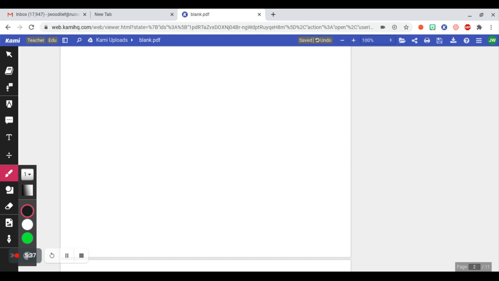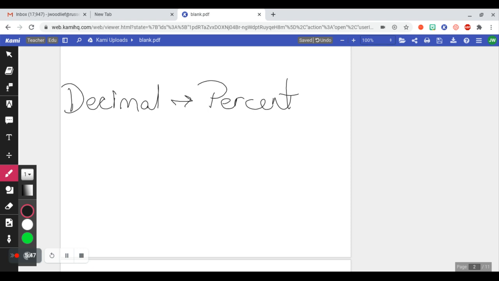Now, if we want to go from a decimal to a percent, let's say we have 0.2. To go from a decimal to a percent, you're going to move the decimal 2 places to the right.